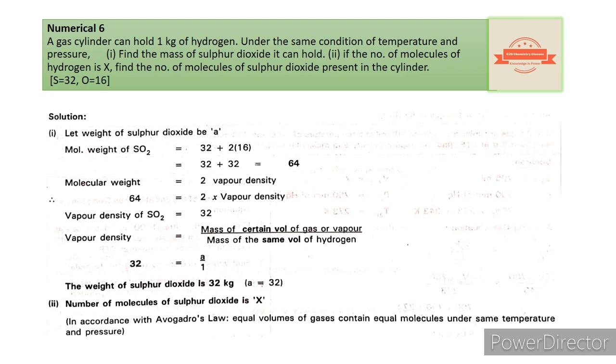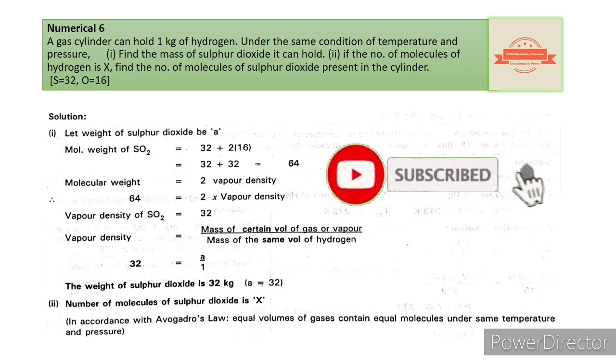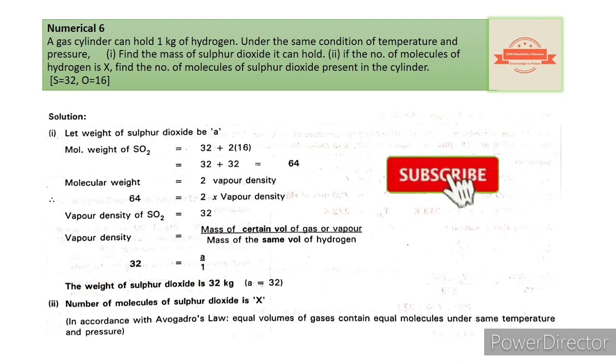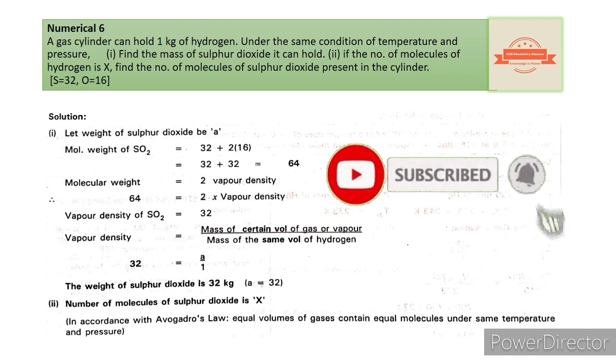A gas cylinder can hold 1 kg of hydrogen. Under the same condition of temperature and pressure, find the mass of sulfur dioxide the cylinder can hold. So we take the mass of sulfur dioxide the cylinder can hold to be a kg.